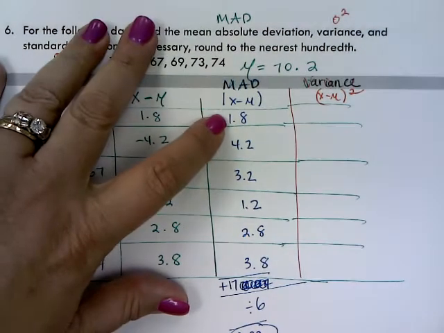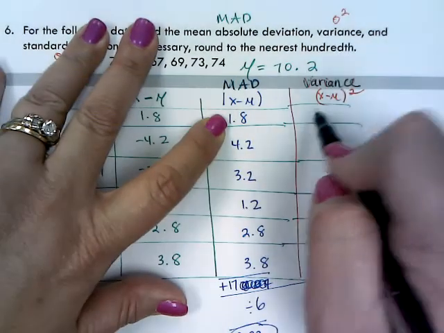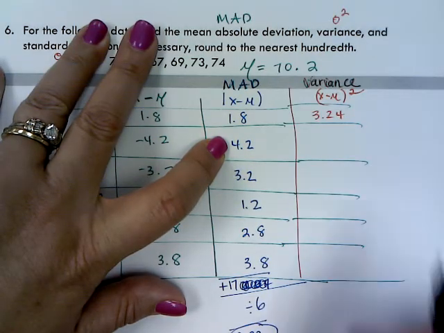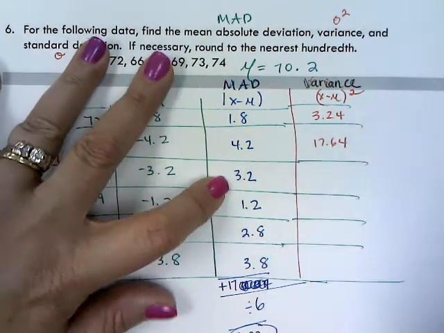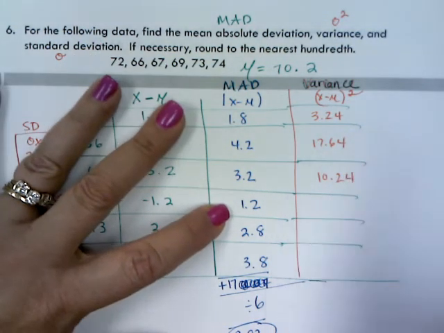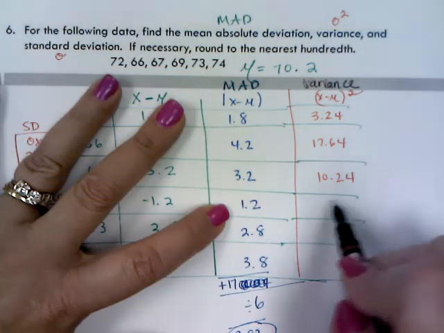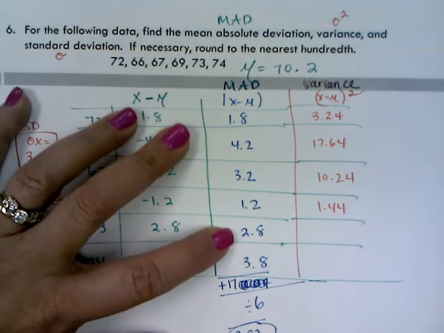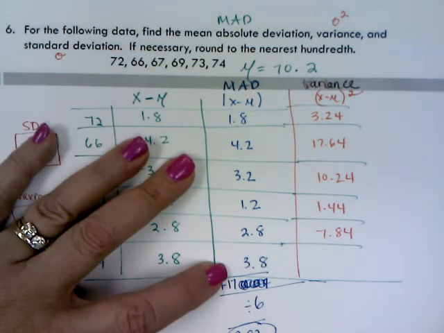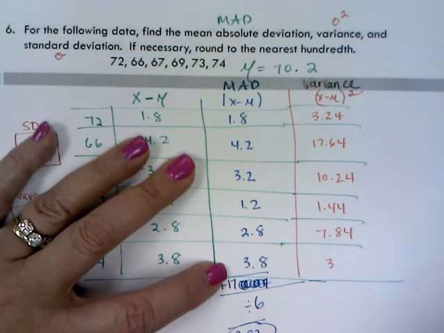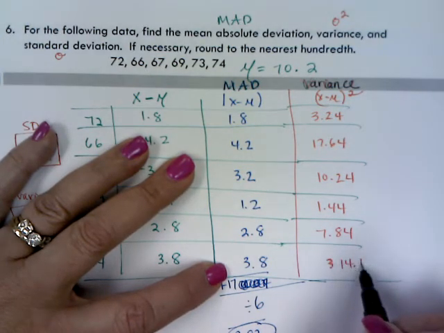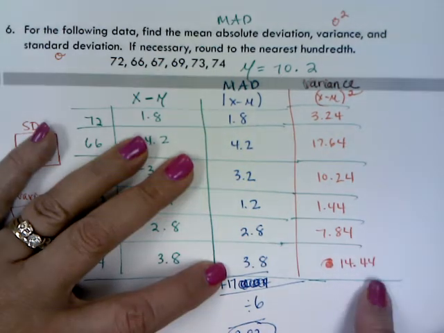So now 1.8 squared, 3.24. 4.2 squared, 3.2 squared, 1.2 squared, 2.8, 3.8 squared, sorry, forgot to square it, 14.44.